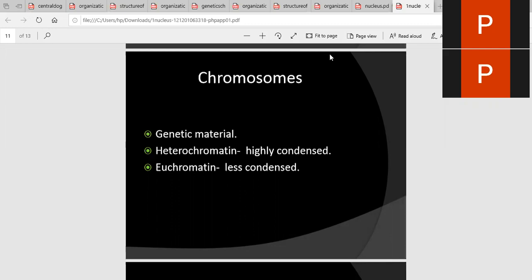Euchromatin is less condensed but has high activity of expression. These are the types of chromatin. Chromatin is a subunit of the chromosome.